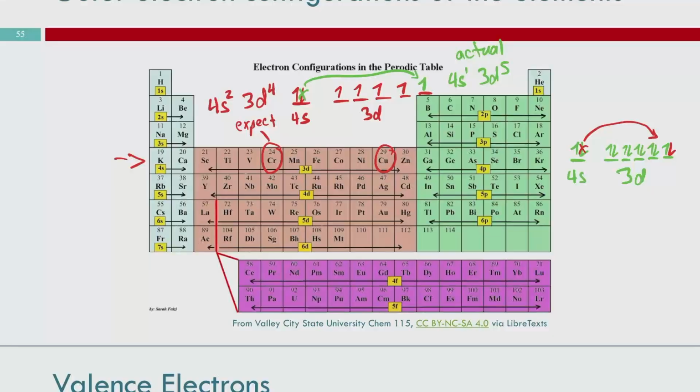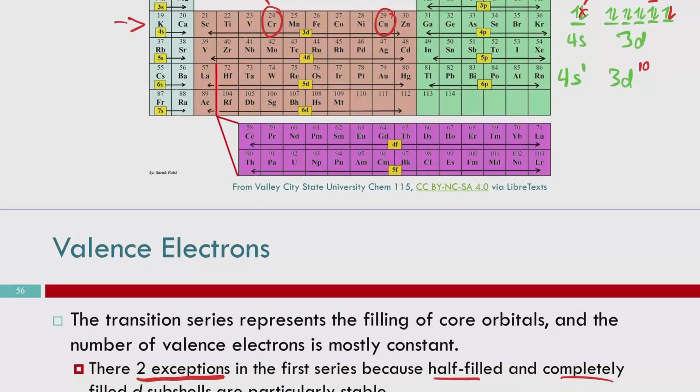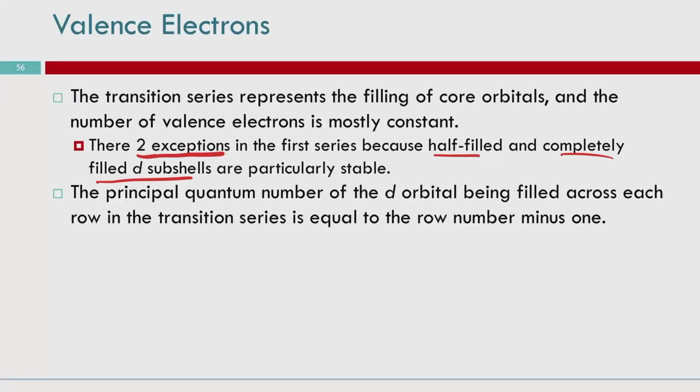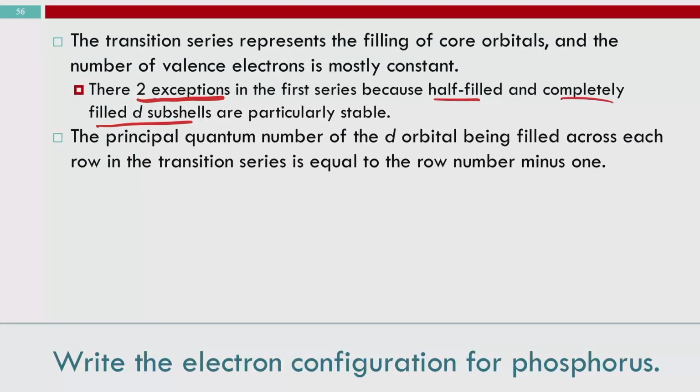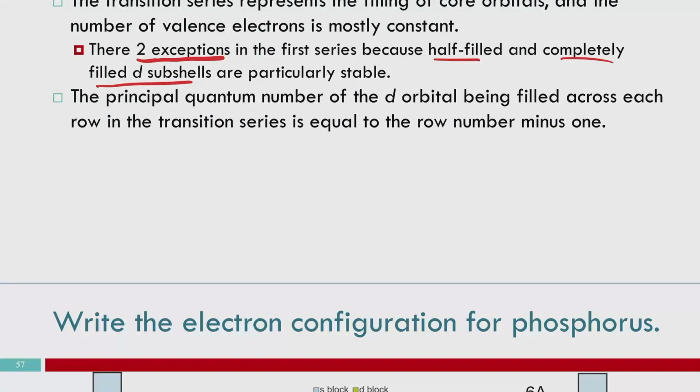And so it's actually 4s1, 3d10, which is just weird and interesting. It doesn't really give us any extra information or help us out that much in this class. I just think it's neat, and so that's why I talk about it. Similar things can also happen for lower rows, but it's mostly in those rows.